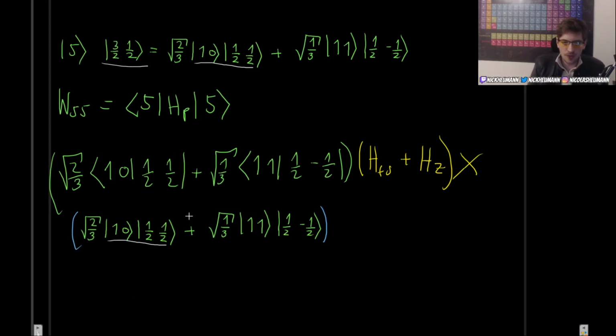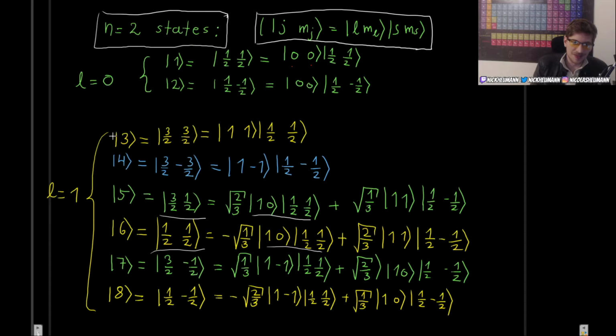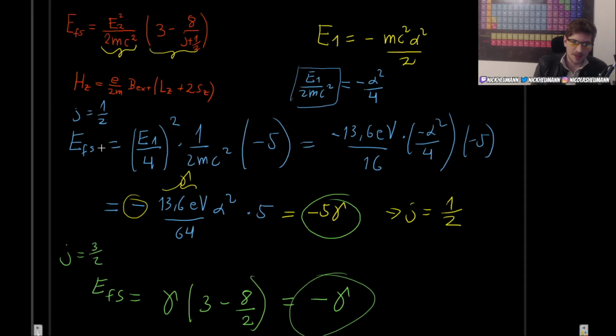So now we have to do this product. First of all, let's allow our Hamiltonian to act on state 5. We want this to act on each one of these things. Now, all of these have J equals 3/2, so the fine structure part will actually be the same. I need to check. So for 3/2, it's minus gamma.